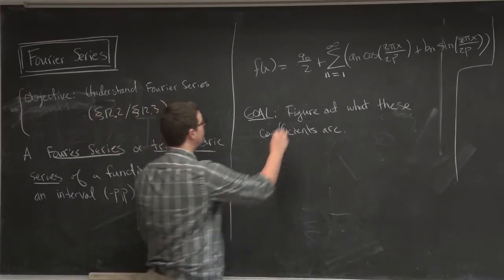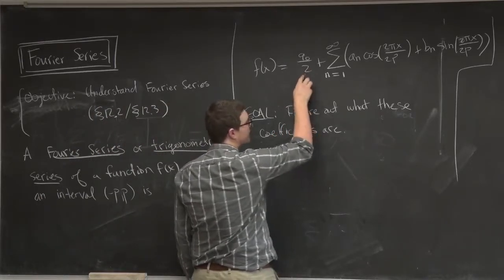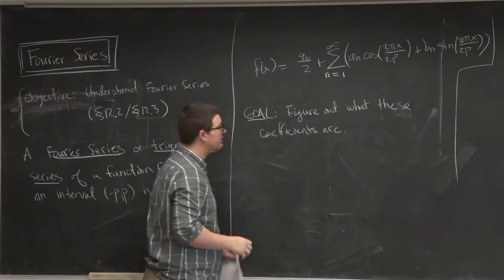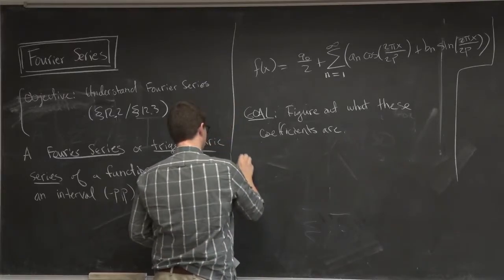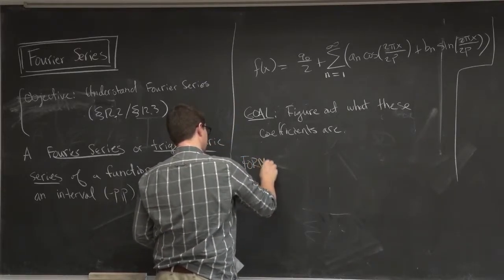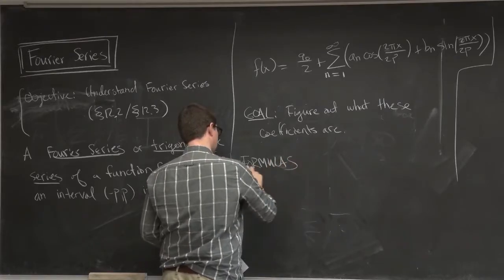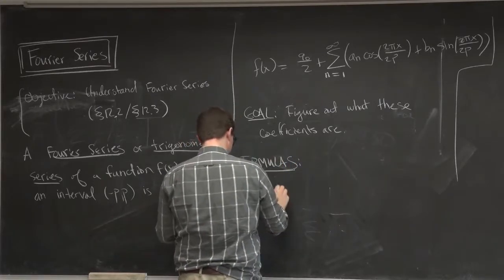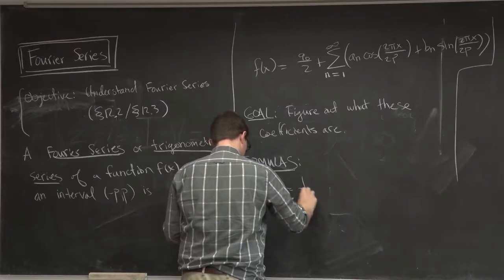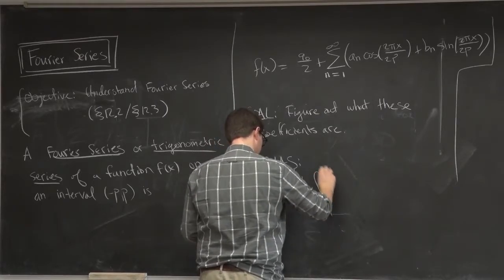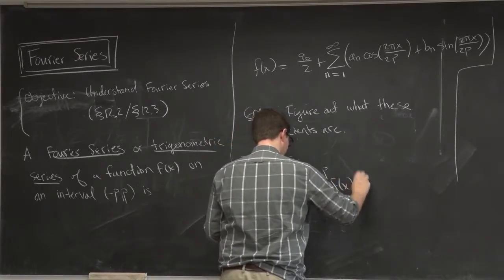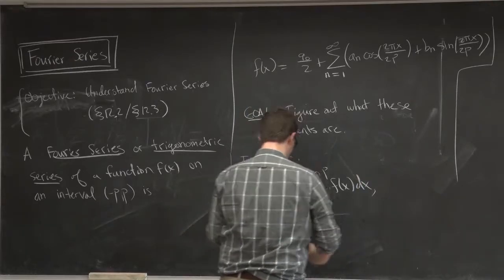And so notice that there is a one-half over 2 here, and I'm going to explain that in a bit. Okay, so the formulas are the following. So A0 is this.